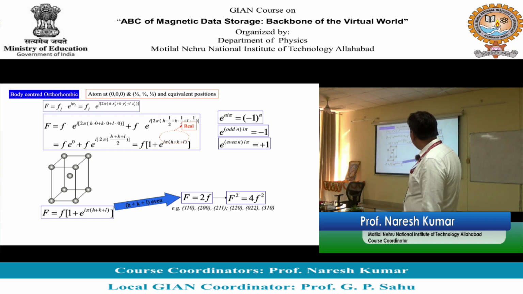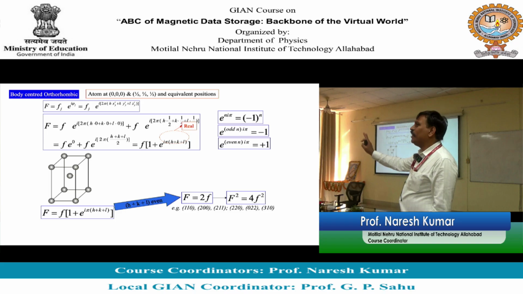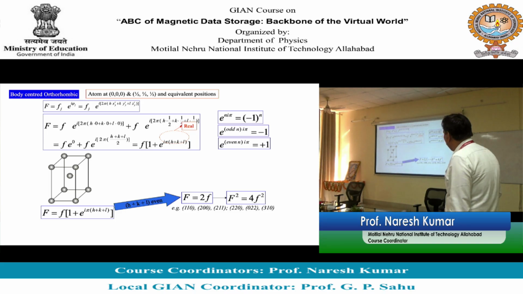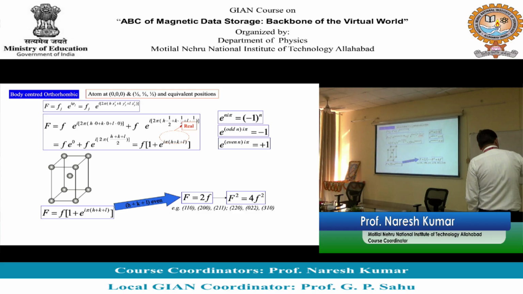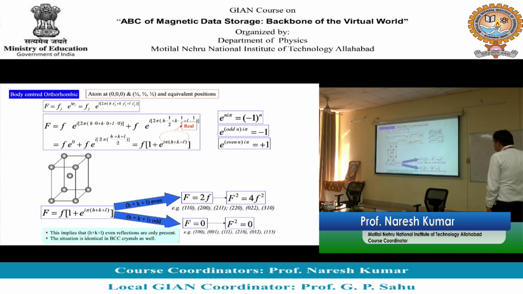So depending upon now this relation, it will tell whether these particular planes are permitted or not permitted. किस पर depend कर रहा है sir? It is depending on sum of what? H plus k plus L, and if this H plus k plus L is even, you get positive, otherwise no. So only these planes are permitted, these planes are not permitted. ठीक है?